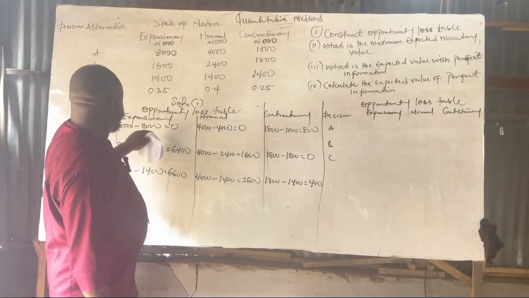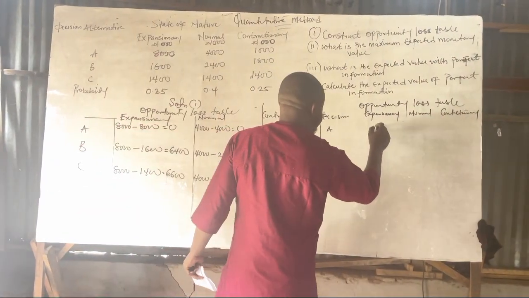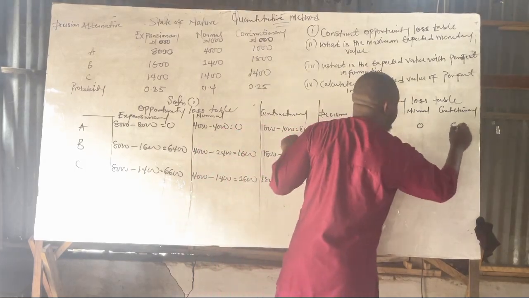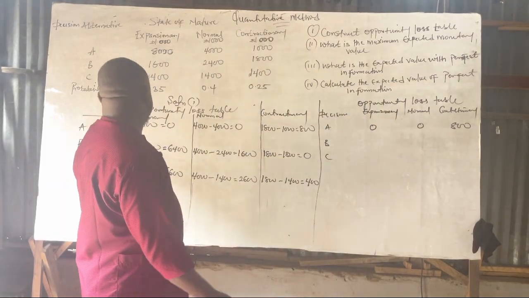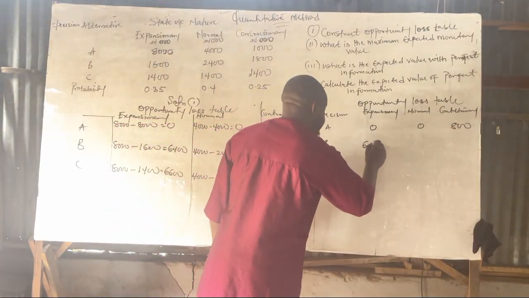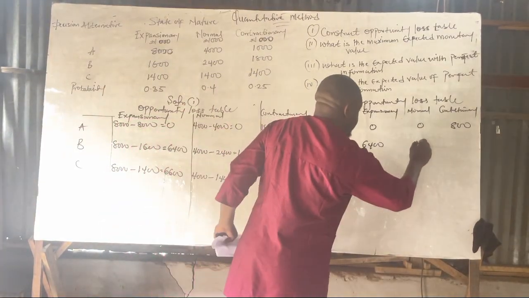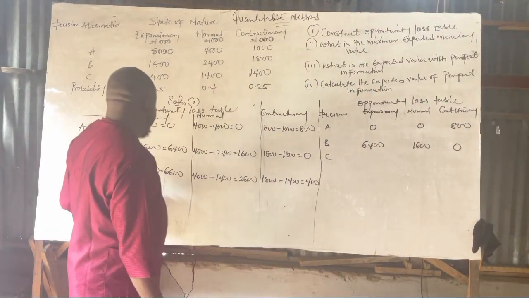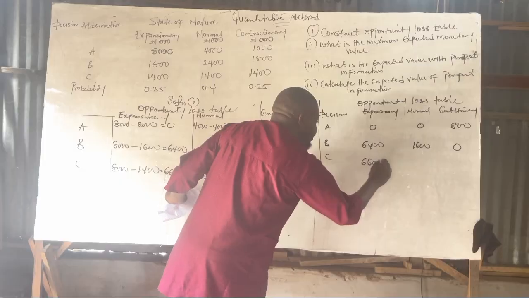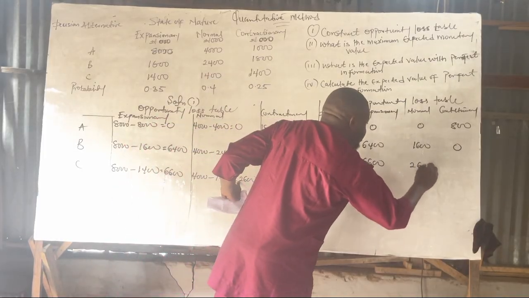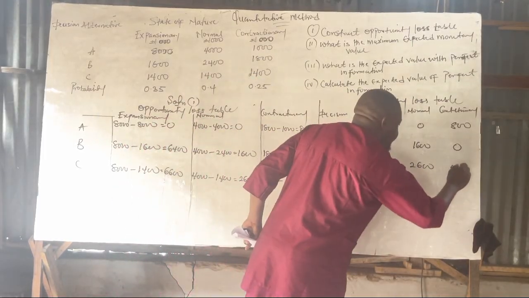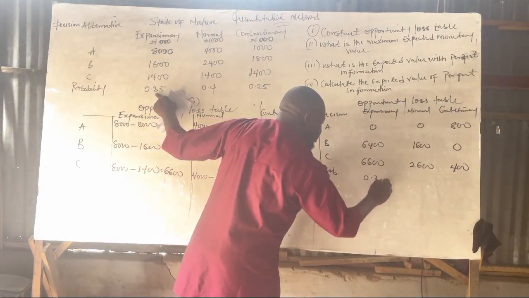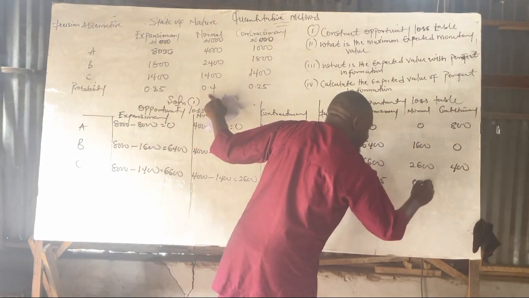From our answers, for A we have 0 for expansionary, 0 for normal, and 800 for contractionary. For B, we have 6,400, 1,600, and 0. For C, we have 6,600, 2,600, and the last value. And for probability, we have 0.35, 0.4, and 0.25.